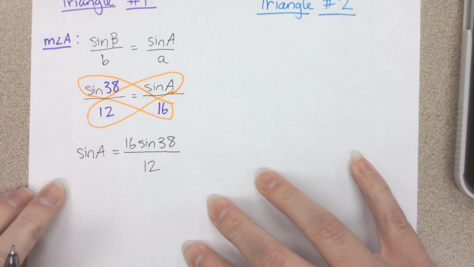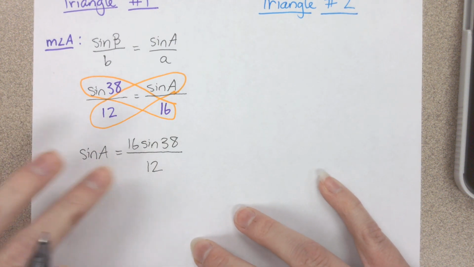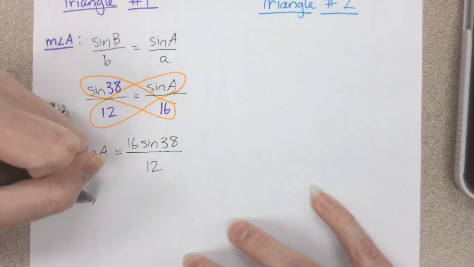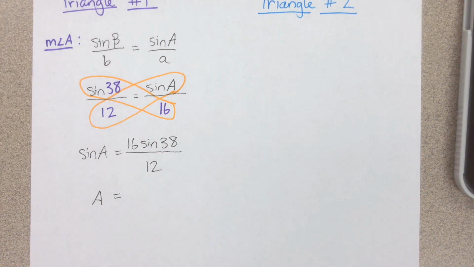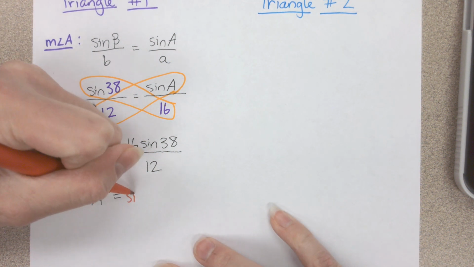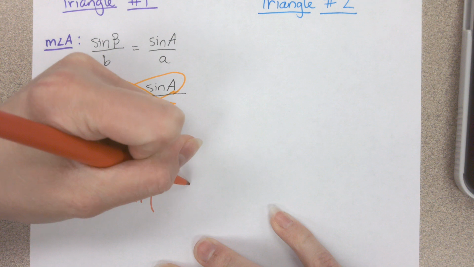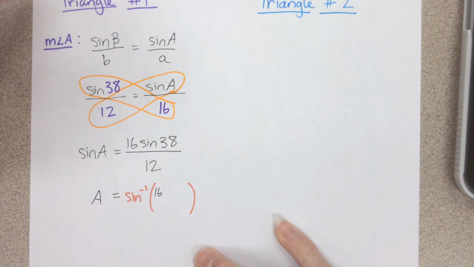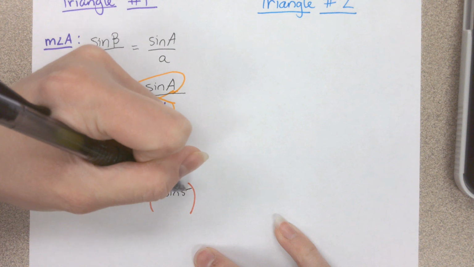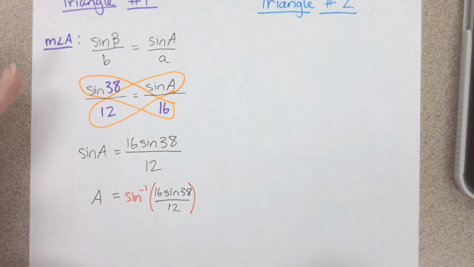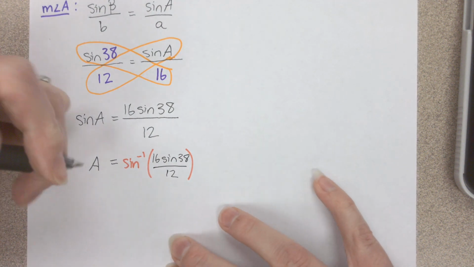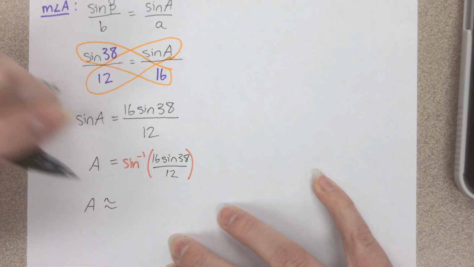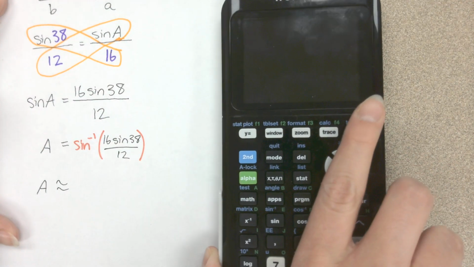So here's where the algebra would lead, and then we need to do inverse sine to get A solved for. So A equals inverse sine of 16 sine of 38 over 12. And then we use our calculator to get that answer.